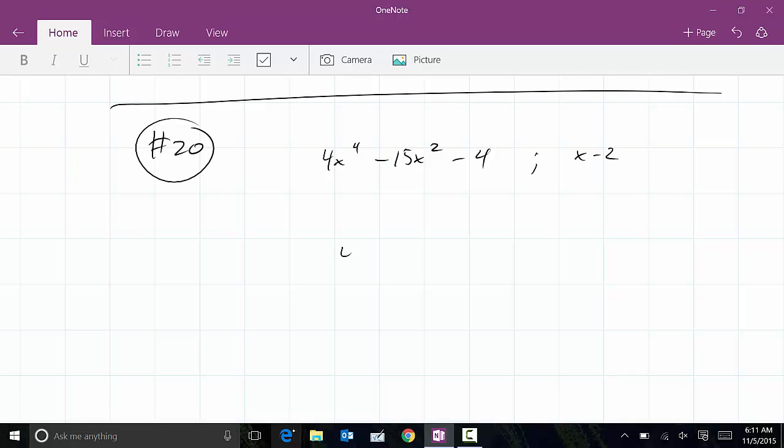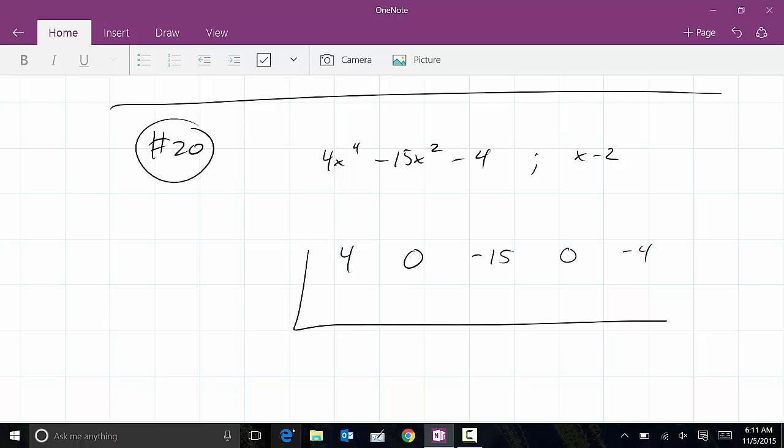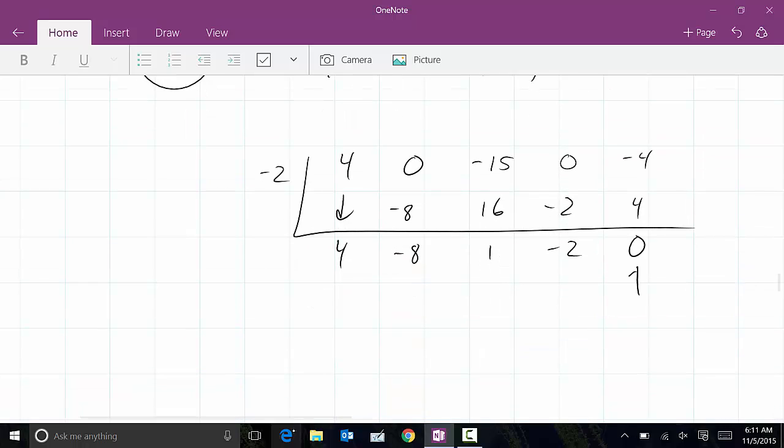So that means we have 4, we have 0 x cubes, we have negative 15x squared, we have 0 x's, and then we have a negative 4. We're going to divide that by x minus 2, so 2 is what we're going to put there. We're going to bring down the 4, multiply, 8, add down, 8, multiply, 16, add down, 1, multiply, 2, add down, 2, multiply, that's 4, add down, which is 0. We got a remainder of 0.